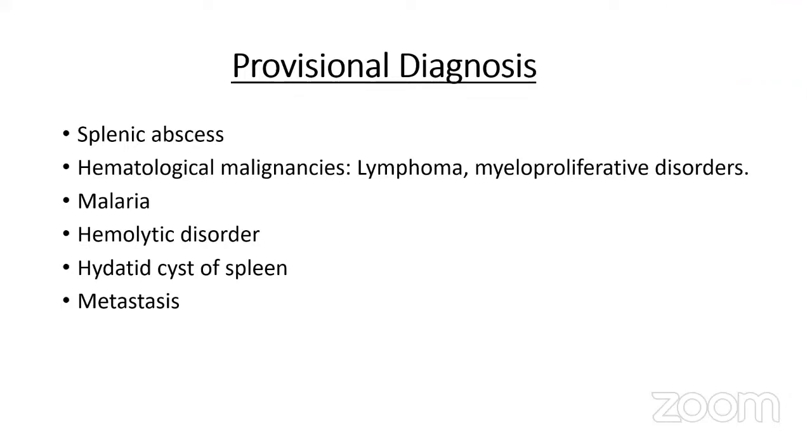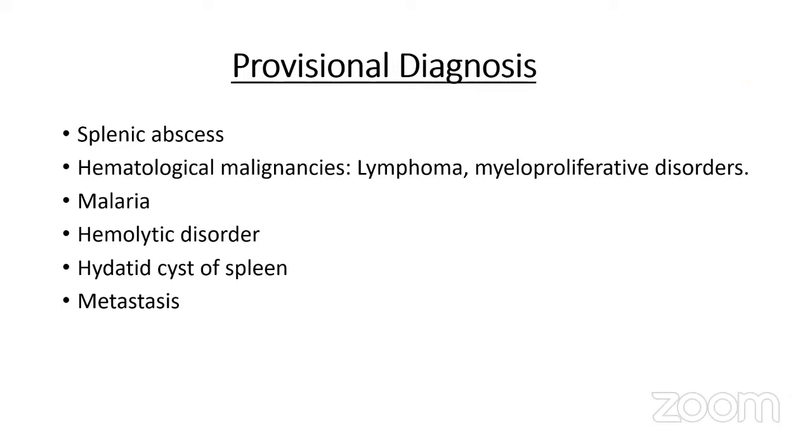There are so many causes you enumerated in your differential diagnosis. All the causes will have history, pain and fever. Infective causes will have tender splenomegaly. So why did you keep hydatid?